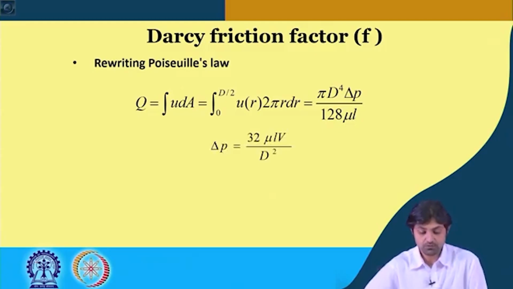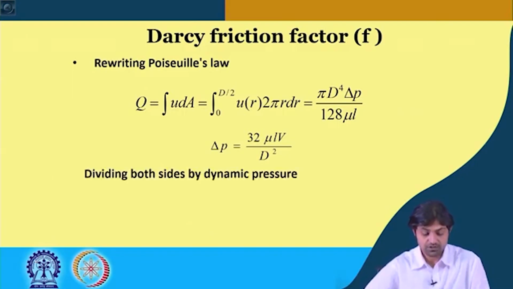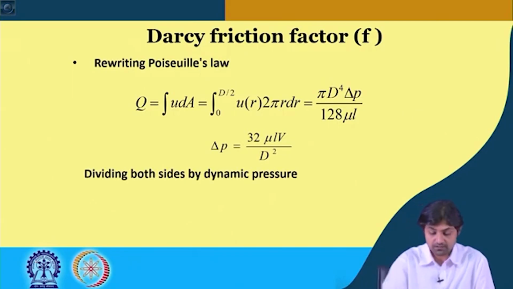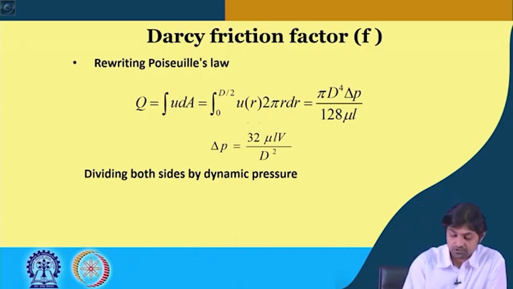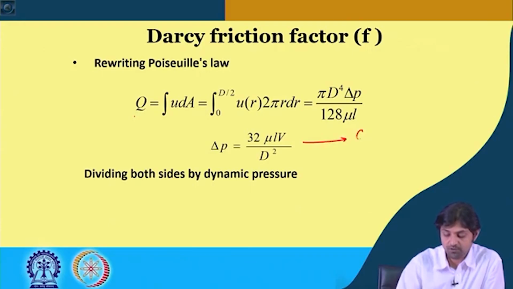Therefore delta p could be written as 32 mu L V by D square in terms of velocity. This is also a form of Poiseuille's law.